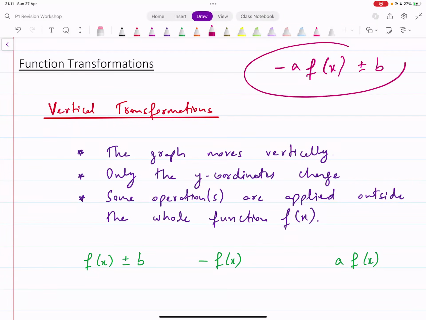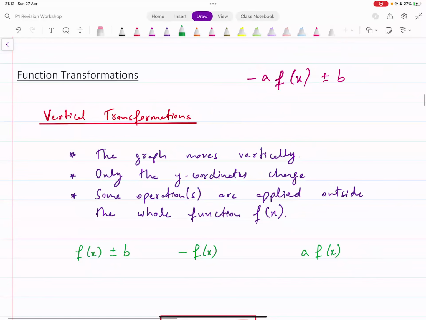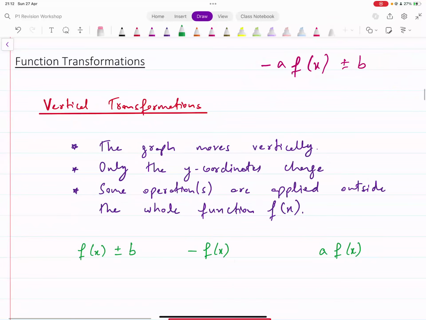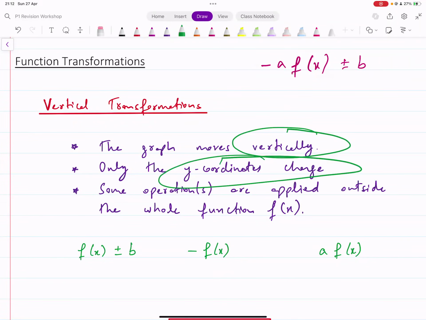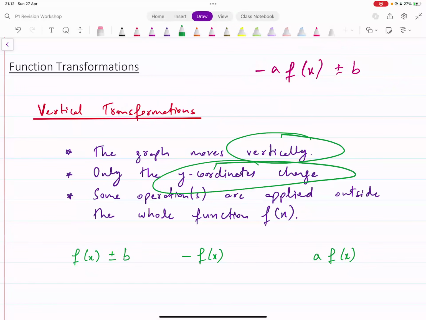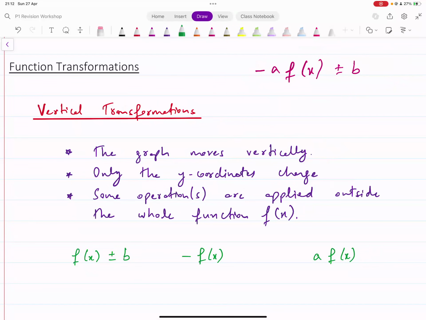When you have something like this, something adding or subtracting outside, minus multiplying outside, or a number multiplying outside, these are vertical transformations. The y coordinate changes because you're multiplying something with f of x, right? The y changes. In vertical transformations, the graph moves in the vertical direction. Only the y coordinates change, and some operations are applied outside the function, either plus or minus, multiplication with a negative, or multiplication with a number.